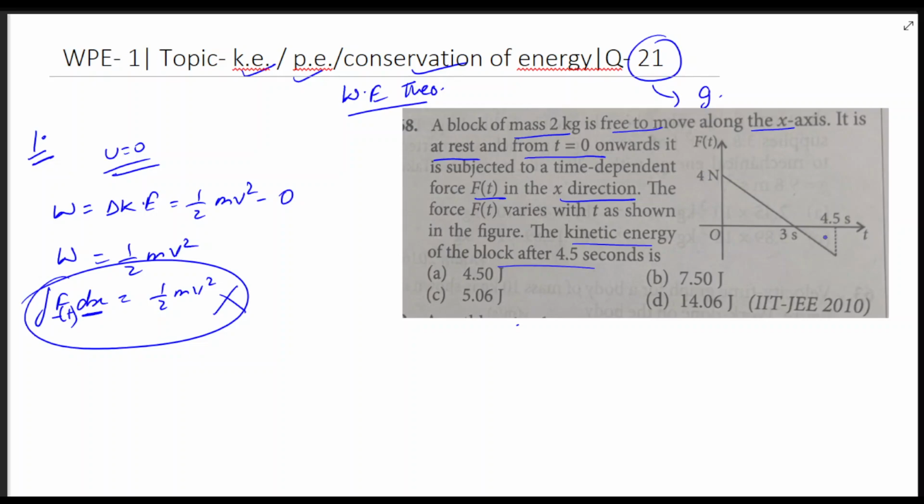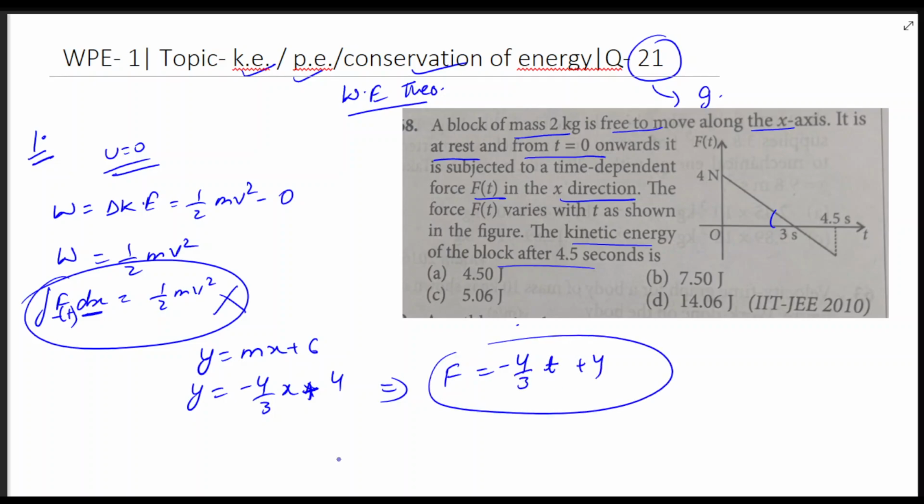This is a simple straight line, so we can write y equals mx plus c. Slope will be minus 4 by 3. So y will be minus 4 by 3 x plus, y-intercept is plus 4, right? So we will simply get F equals minus 4 by 3 t plus 4, right? So we have this force.